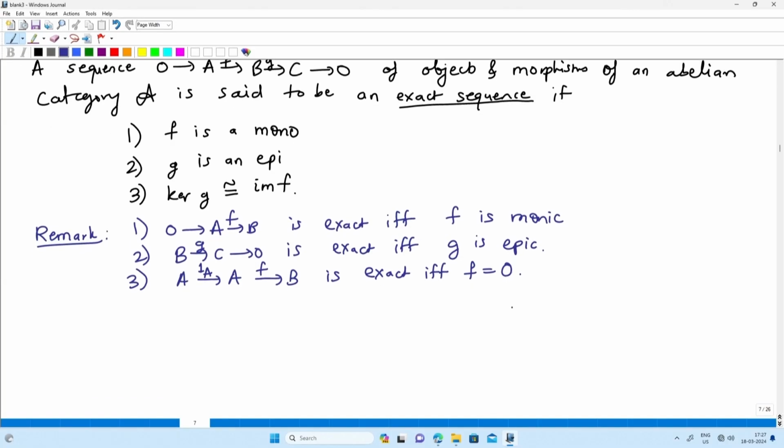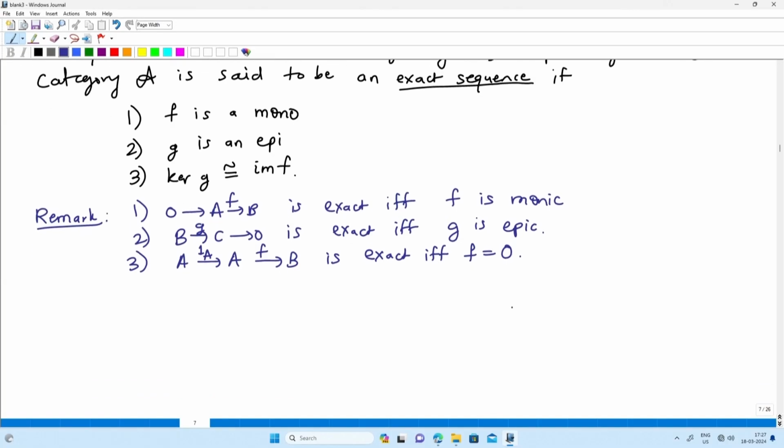We will use this particular remark in the next proof. But before that, let me give you the definition of an exact functor.